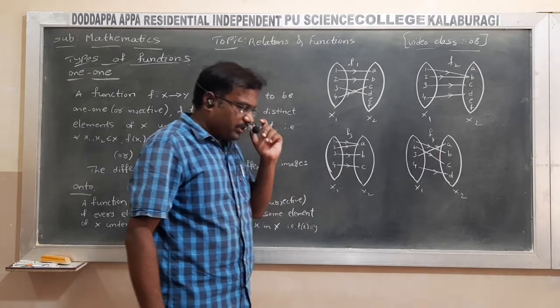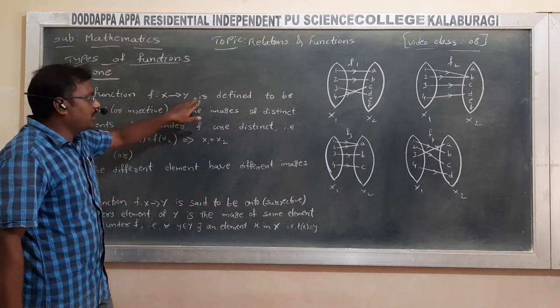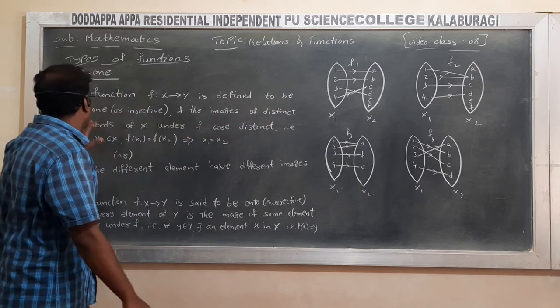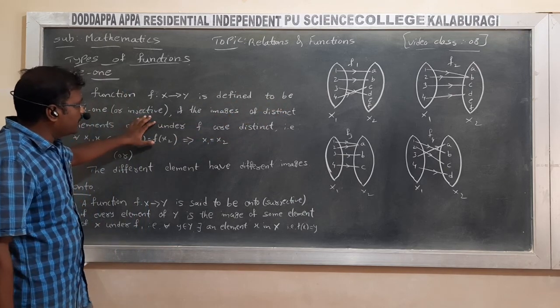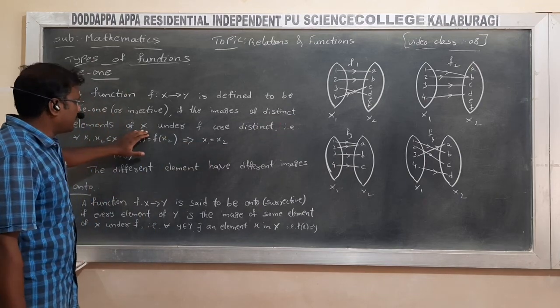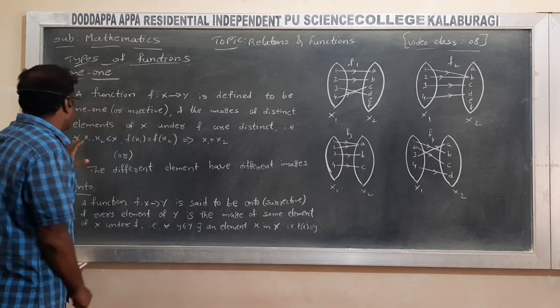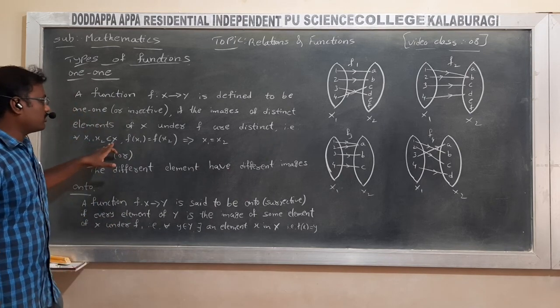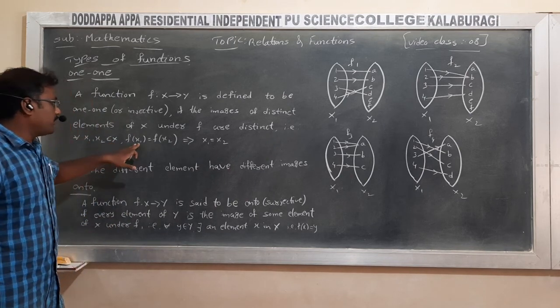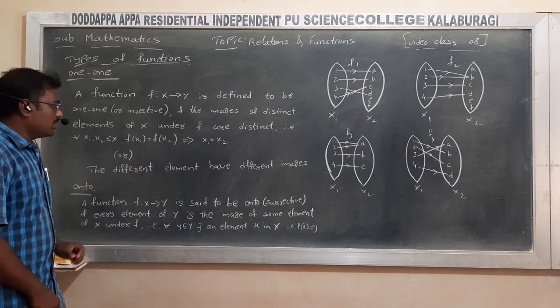So we know that a function f from X to Y is defined to be one-one or injective if the images of distinct elements of X under f are distinct, that is, for all x1, x2 belonging to X, f of x1 equal to f of x2 implies x1 is equal to x2.